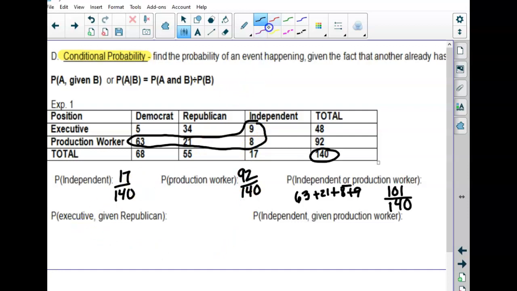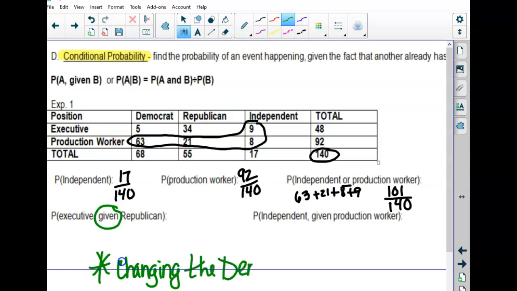This is where it gets tricky. And the big thing to remember, write yourself a big note here. Given means you are changing the denominator. Okay, you're changing the sample, the amount of people you're talking to.